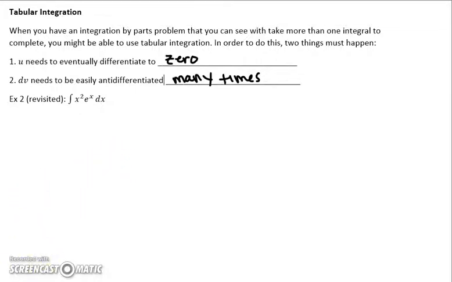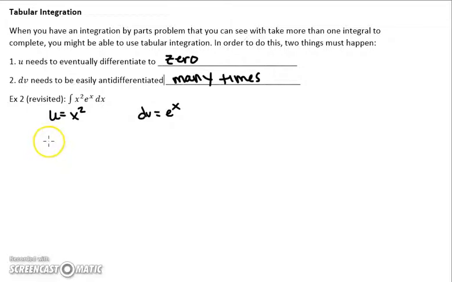So we're going to start with the same problem we just did, x squared e to the x. And we know from doing this earlier that u is going to be x squared, dv is going to be e to the x. Now how tabular works is we want to make two columns.